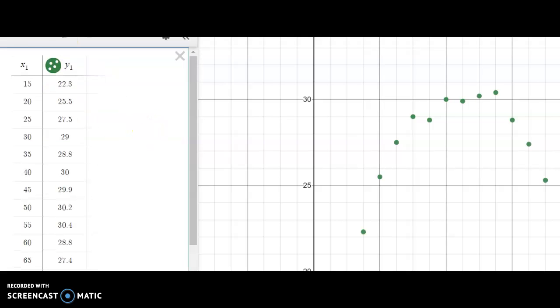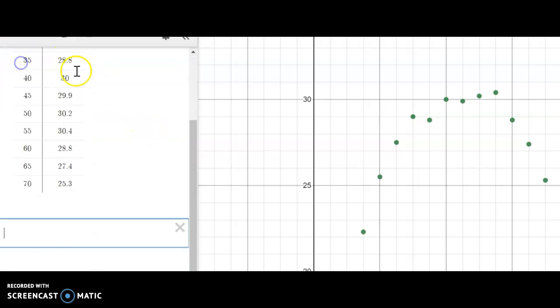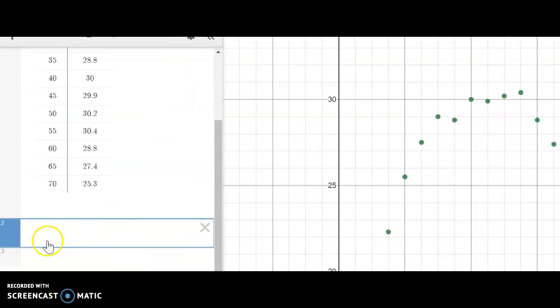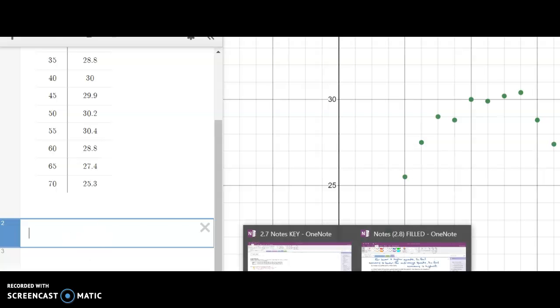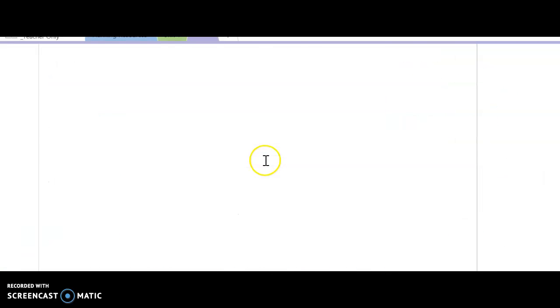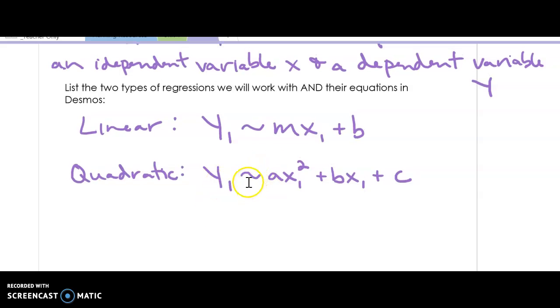How we're going to do that is I'm going to look at adding another expression. We'll do it number 2 underneath my table. And I'm going to type exactly what we have in our notes for a quadratic regression: Y1, and then the squiggly line, ax1 squared plus bx1 plus c.